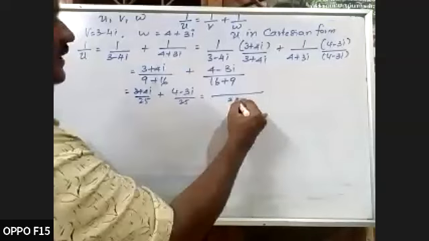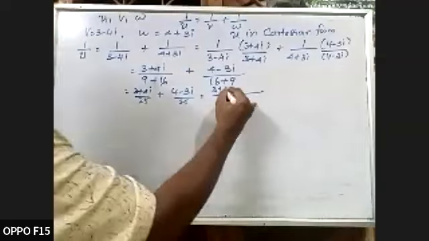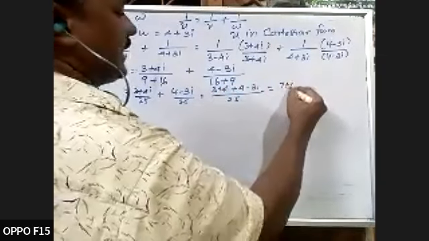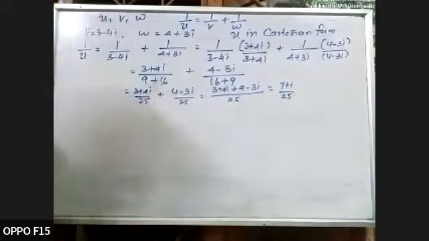I square, 3 plus 8 divided by, take the LCM, which is 25. You'll get 3 plus 4i plus 4 minus 3i, which is equal to 7 plus i divided by 25. Correct?